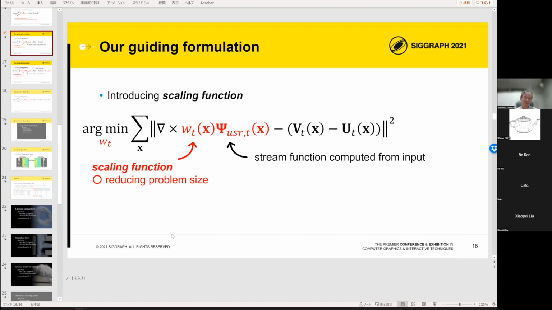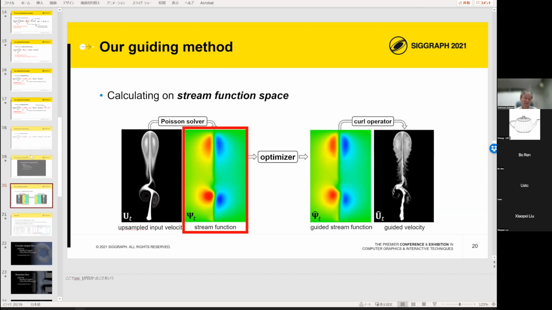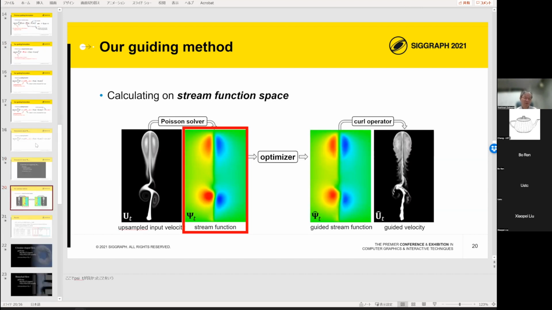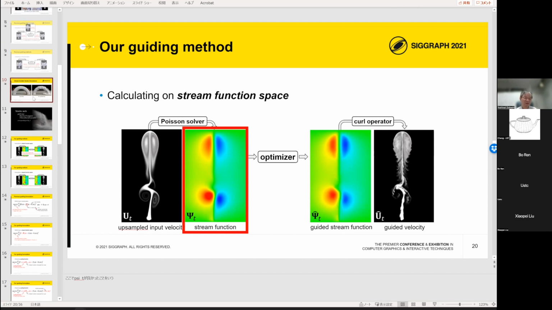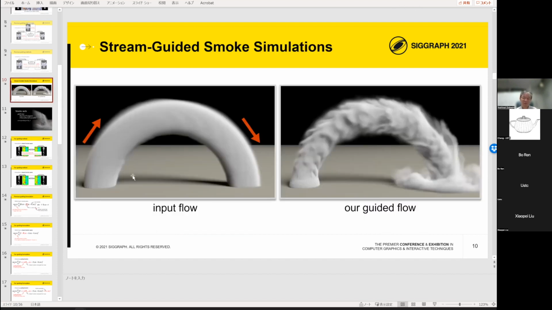Maybe for non-physical input like this one, in frequency space there may be some discontinuous frequency. That may be the reason. We need to investigate more.